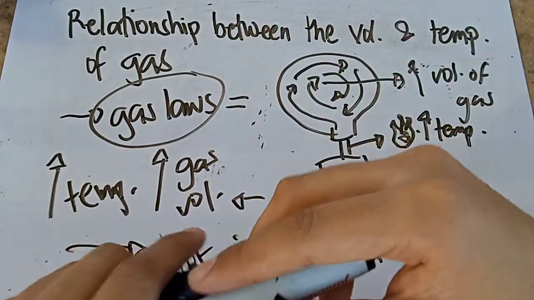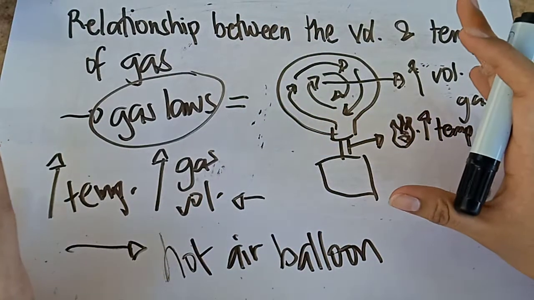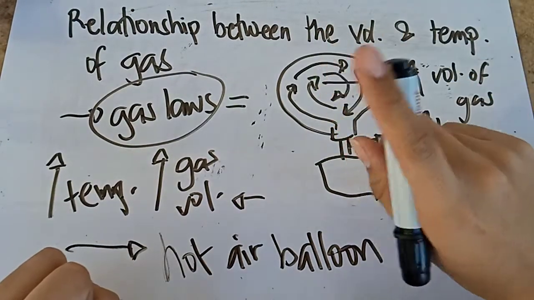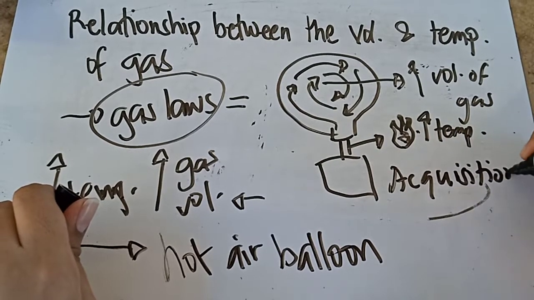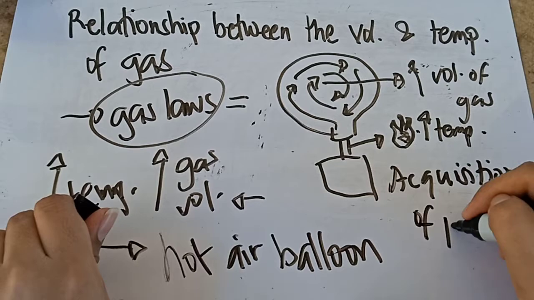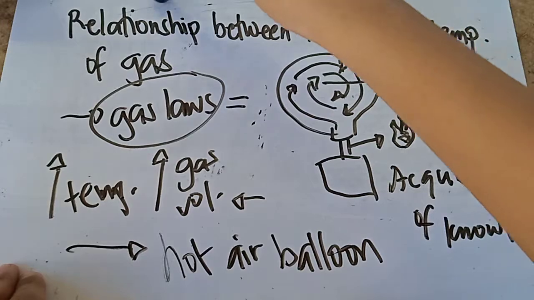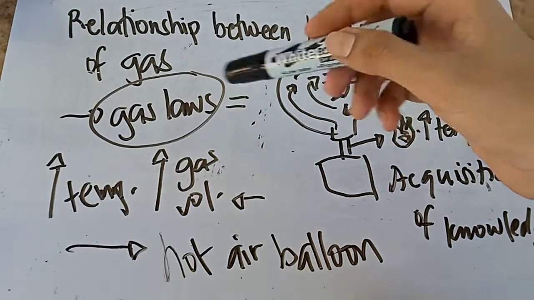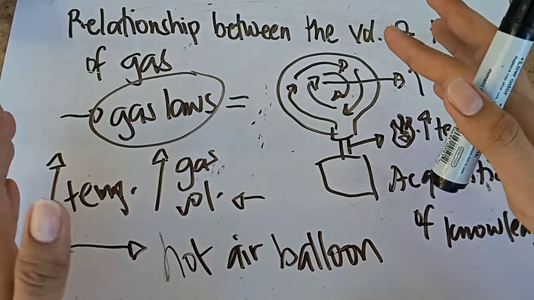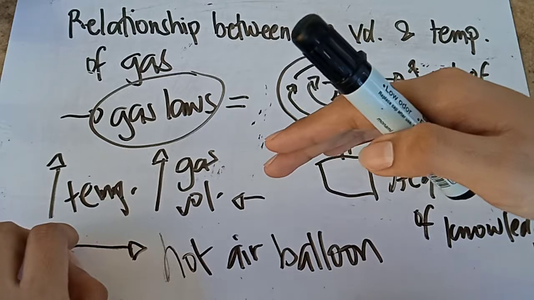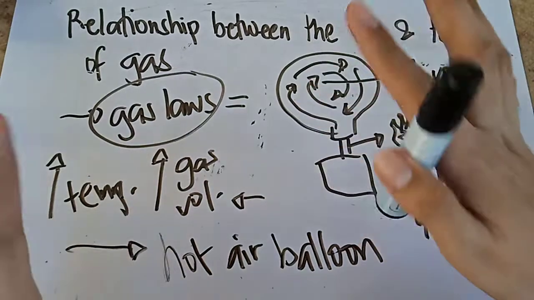Using this concept, we can say that there is an acquisition of knowledge. We acquired knowledge because we had the concept, the relationship between the volume and temperature of gas, and we derived an example. That example gives us knowledge. It helped us acquire the knowledge needed.